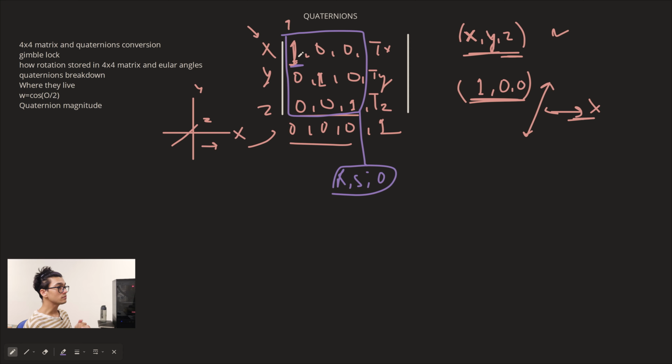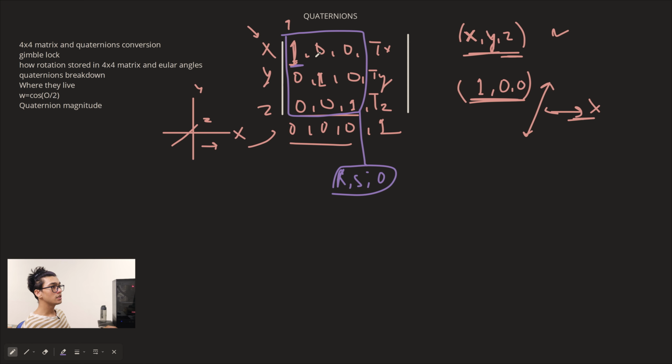And when I talked about this in the 3 by 3 matrix video, I told you about how we store rotation here, and I won't go in depth about this rotation, but I will talk about what are different types of rotation and how Euler and quaternions have differences between them.